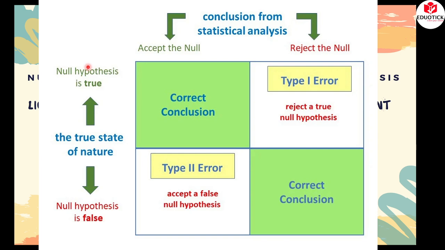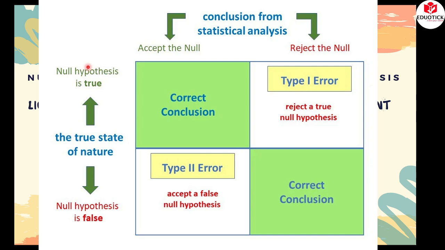But what is a type 2 error? A type 2 error happens if after the experiment we get a wrong result that matches the null hypothesis which was actually false. Like if according to the null hypothesis it is 40 and we got 40 due to our error in the experiment, then we will claim that the null hypothesis is true.